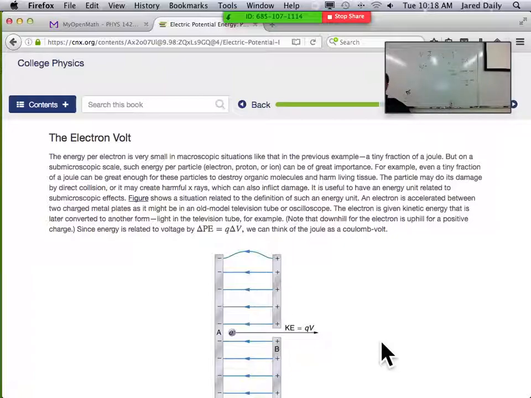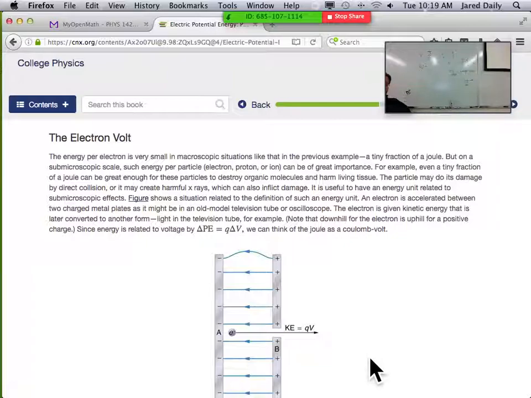Sorry, 1.6 times 10 to the minus 19 joules is 1 electron volt. So 1.6 times 10 to the minus 19 joules, which is the same number as the charge of an electron, is also the conversion factor from joules to electron volts.